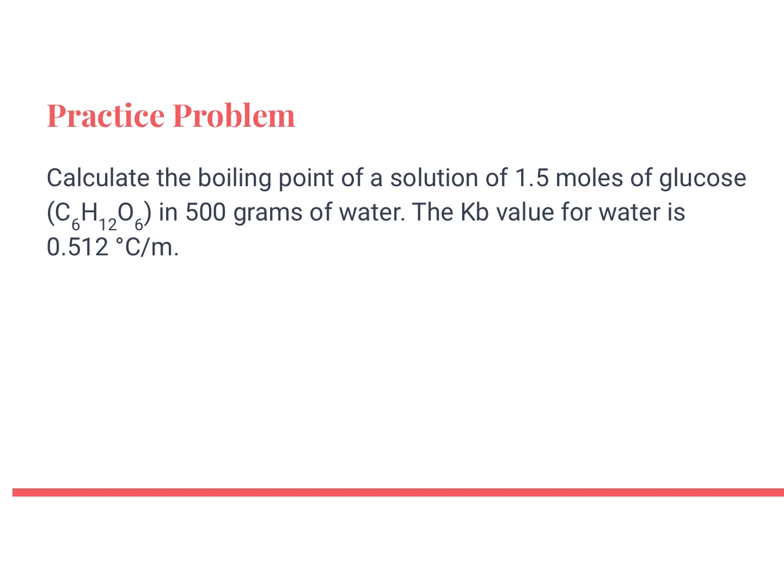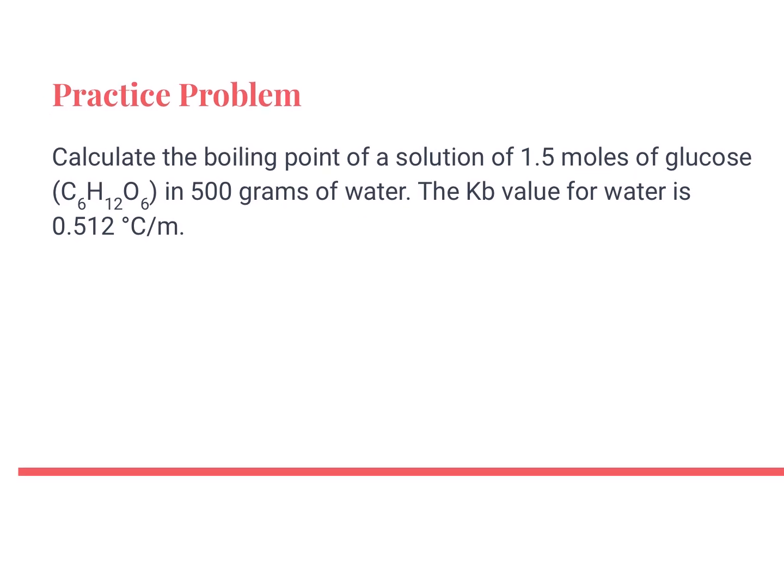Let's do one practice problem together. We're going to calculate the boiling point of a solution of 1.5 moles of glucose in 500 grams of water. The Kb value for water is 0.512. To calculate the boiling point, we'll use the new equation: the change in the boiling point, delta Tb, is equal to the boiling point constant times molality.